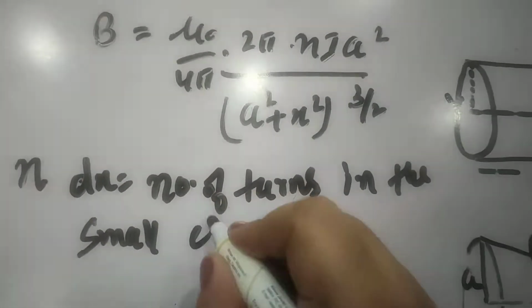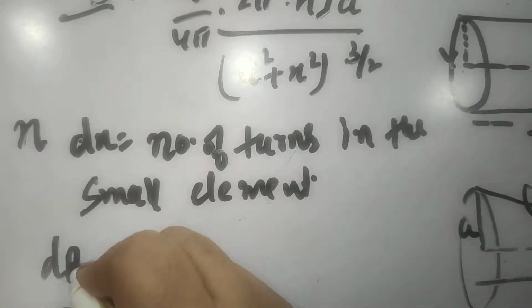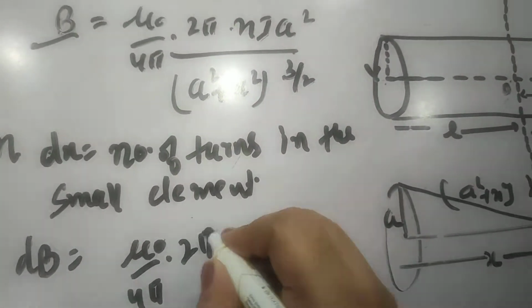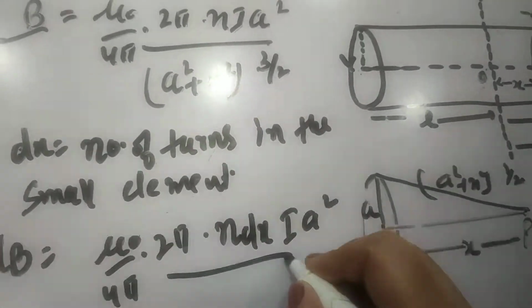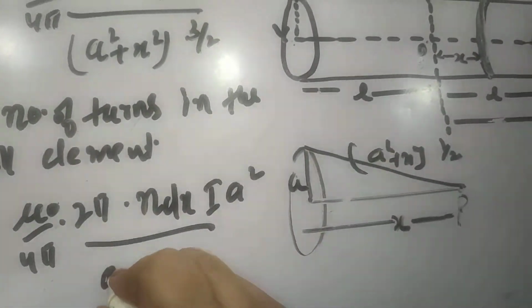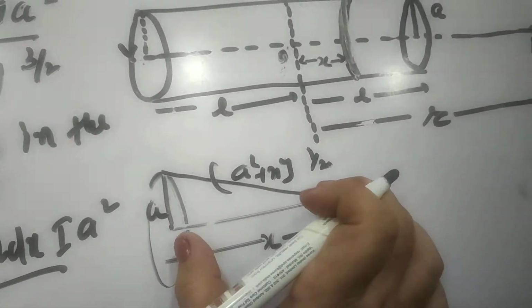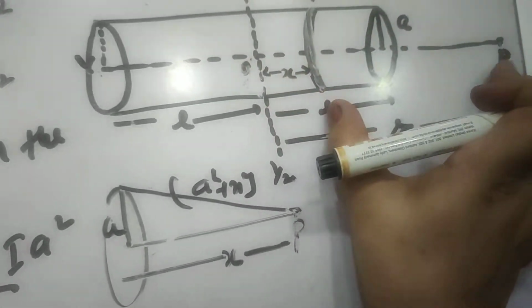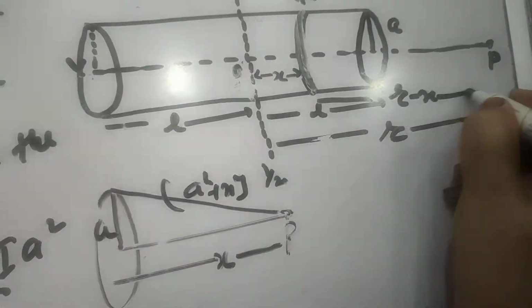So the small magnetic field dB is equal to mu naught upon 4 pi into 2 pi, n is replaced by n dx, I a square upon, a square is the same, but for x, the distance from the center to point P, now this is r, so this will be r minus x. So I would write here this distance is r minus x.